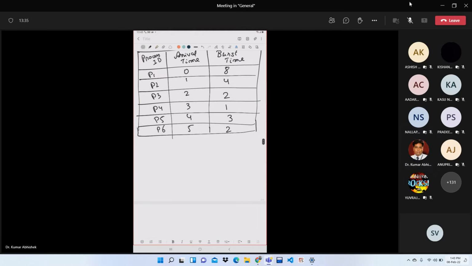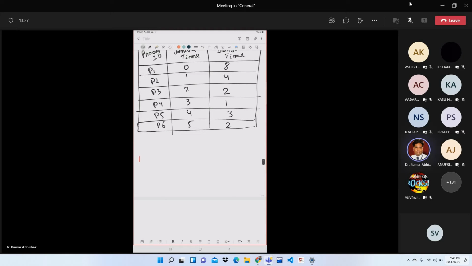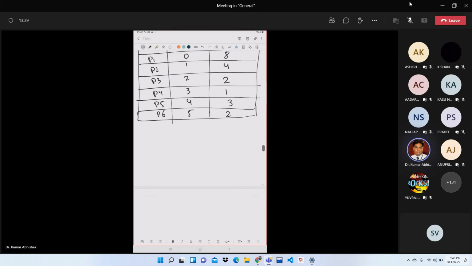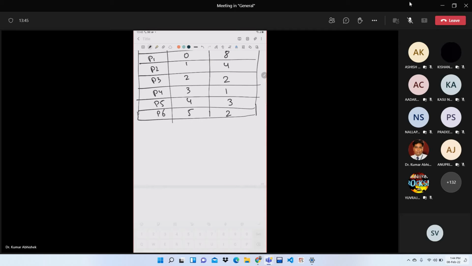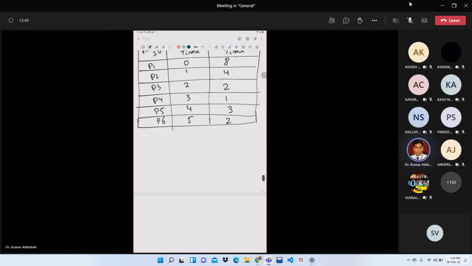Okay. So this is the process ID. Now if we are talking about the Gantt chart, how will this work? It starts from here. At time 0, what is there in my ready queue?